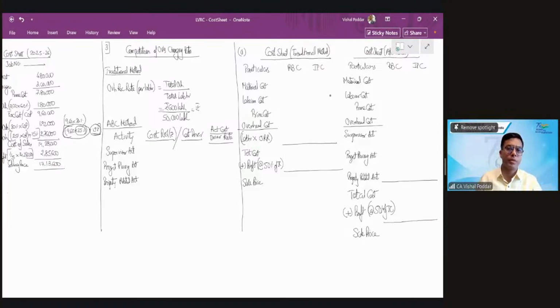This will be my charging rate. Have you computed the charging rate? It is coming as 1200 per hour, right?